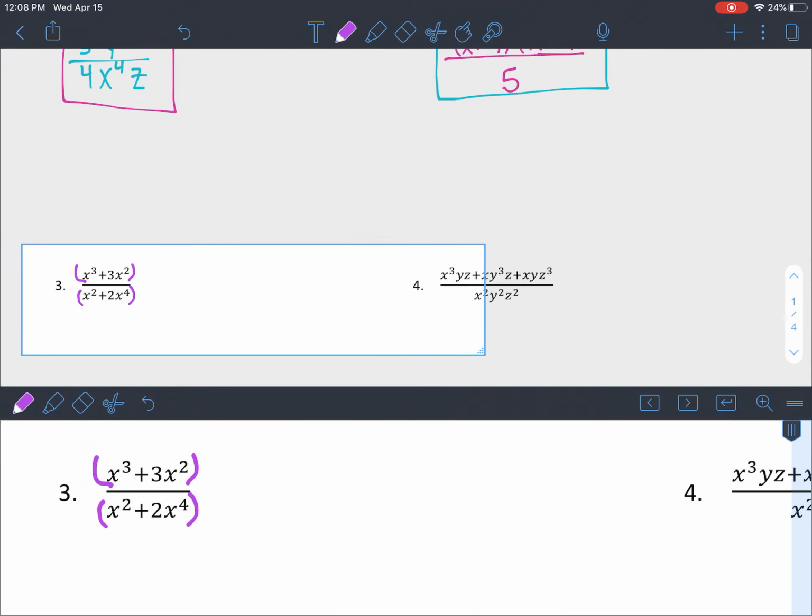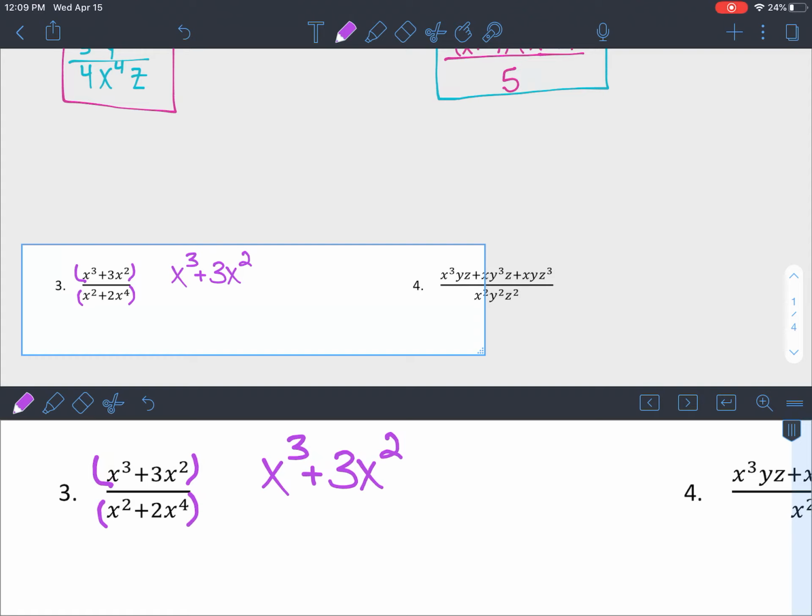Down here, my things are being added together. So we can't separate addition the same way that we can multiplication. So we're going to have to do something else. And what we're going to do is think about, is there anything that I can factor out of both the top and the bottom? So I'm going to first look at this x cubed plus 3x squared. And I'm going to ask myself, do they have anything in common that I could factor out?